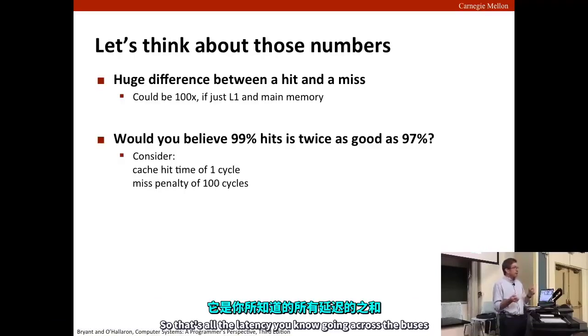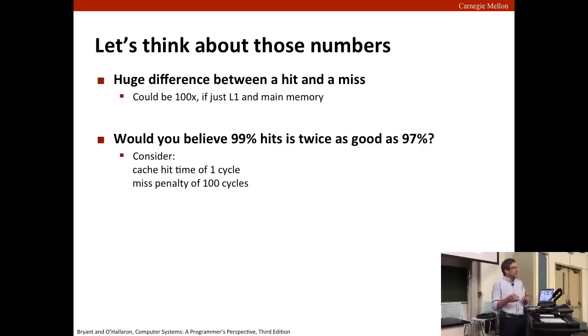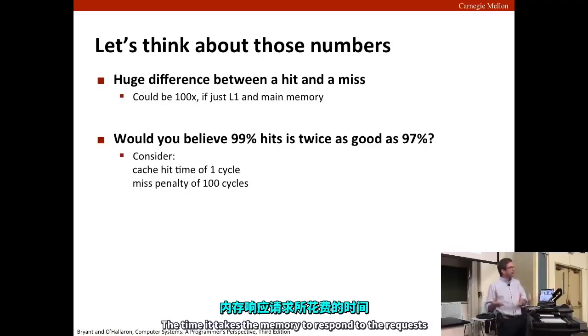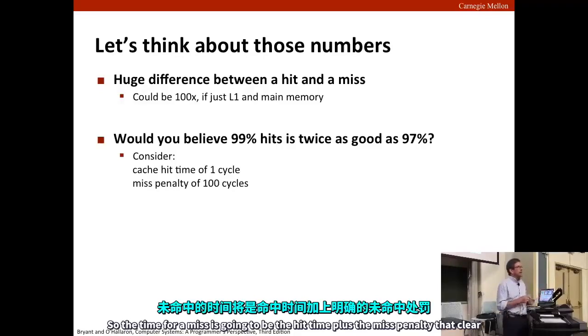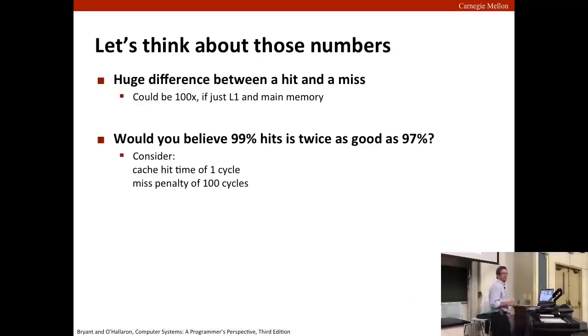That's all the latency: going across the buses, the time it takes the memory to respond to the request, and the time it takes the data to flow back over the buses to the cache. So the time for a miss is going to be the hit time plus the miss penalty. Is that clear?